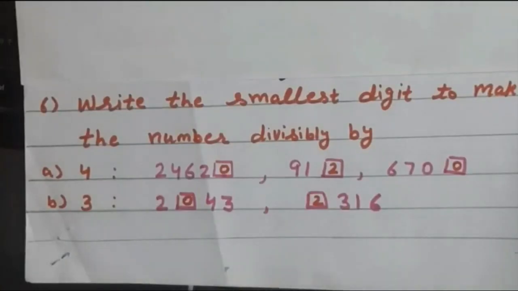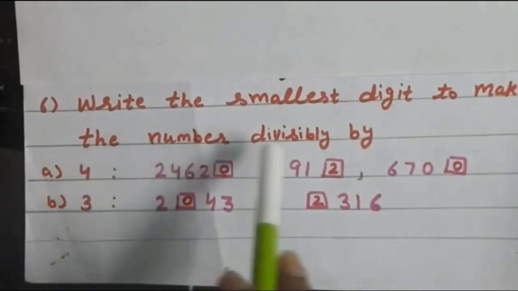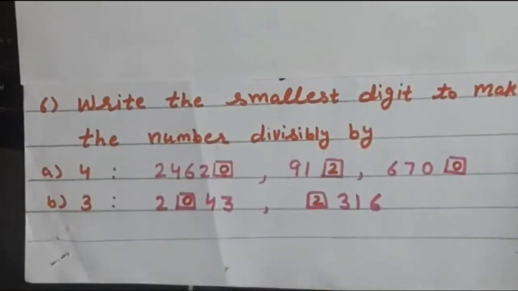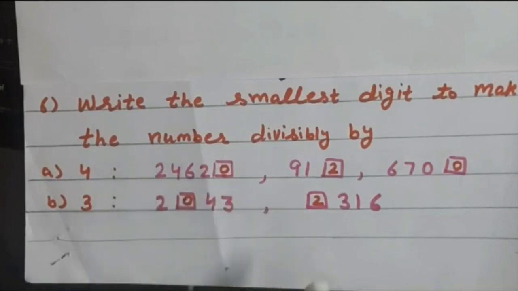Now our next question is: write the smallest digit to make the number divisible by 4 and divisible by 3. We have an empty place here, and we have to find the smallest number which will let it be divisible by 4. The divisibility rule of 4 says we have to check the ones and tens place.